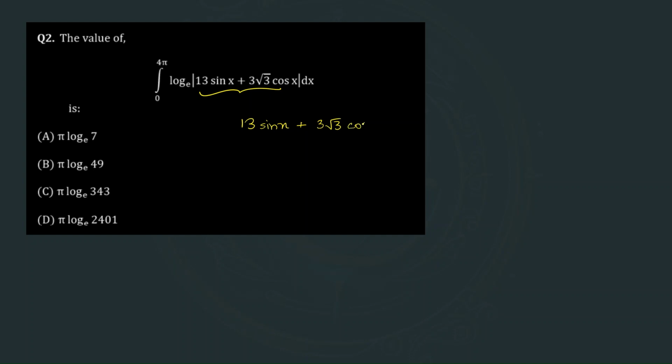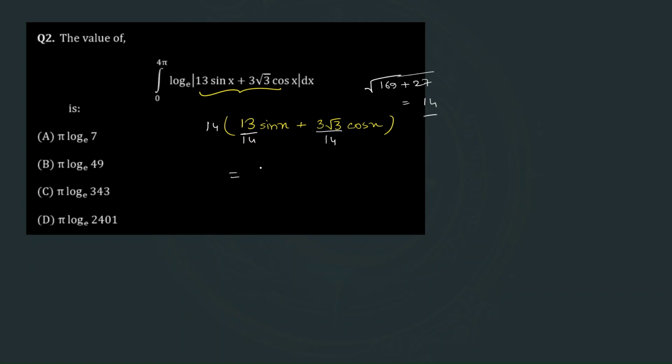That means we can write this expression like this, so we multiply and divide by root under 13 square plus (3 root 3) whole square. So this will be root under 169 plus 27, that means it will become 14. So if we multiply and divide by 14, this will be like this.